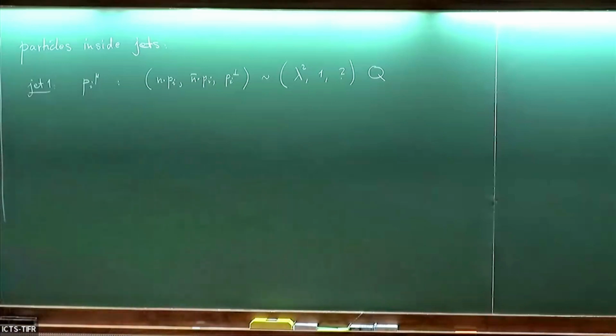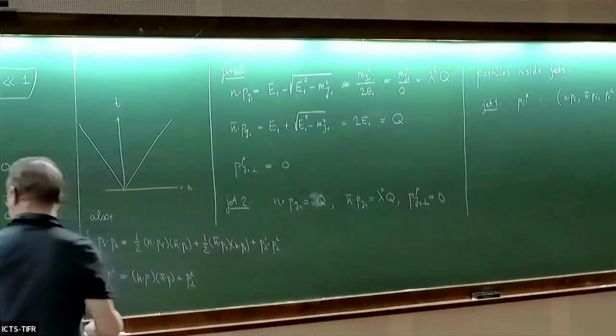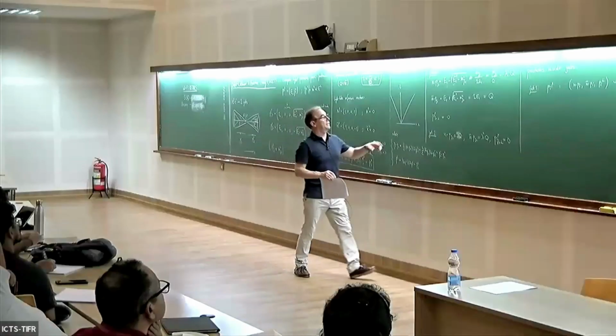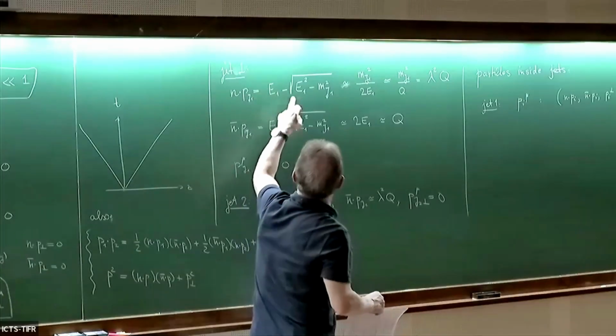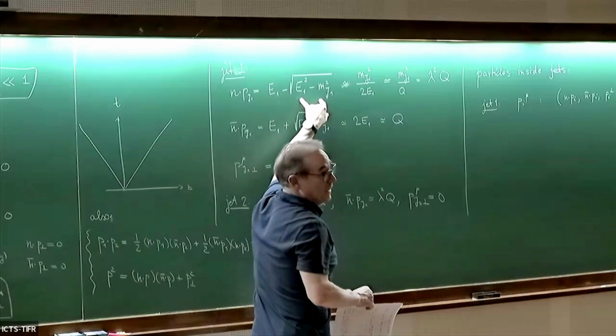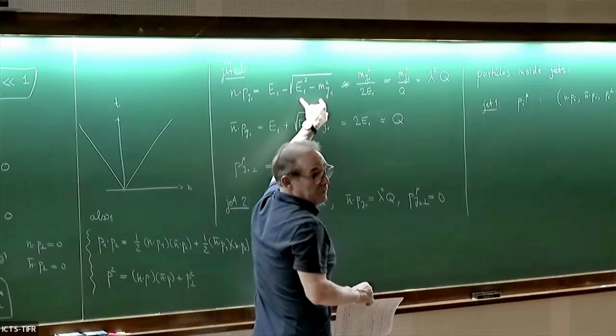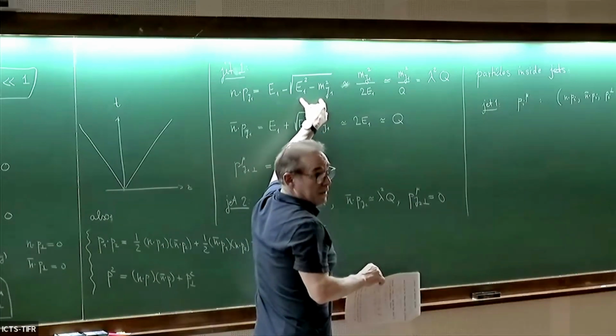In the sense that, for on-shell particles, these products, n dot p and n bar dot p, for each particle, it's the energy plus or minus the size of the momentum. That is always positive. This can never be negative for an on-shell particle.